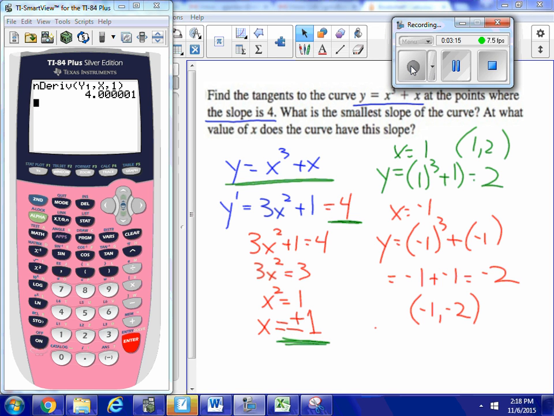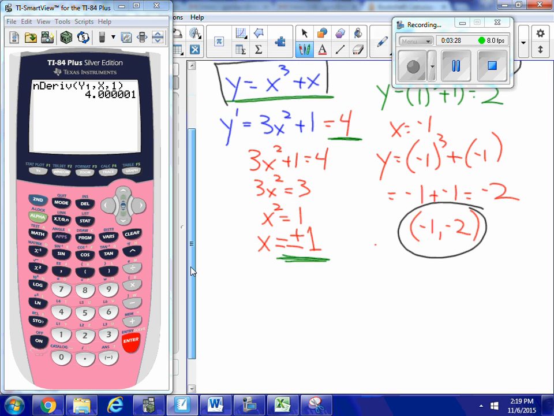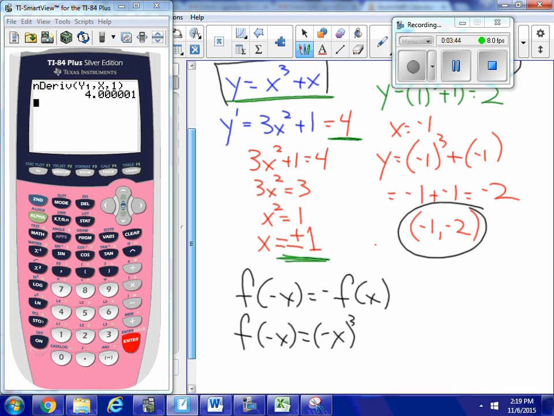Which I find kind of interesting, because if I have the point 1, 2, and negative 1, negative 2, just out of curiosity, I'm wondering whether this is an odd function. So I know odd functions are where f of negative x is equal to negative f of x. So in this case, f of negative x would be negative x cubed plus negative x, which would be equal to negative x cubed minus x.